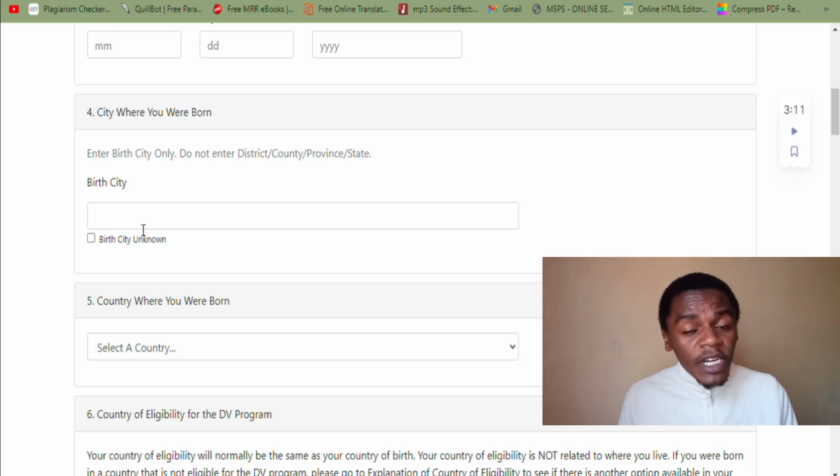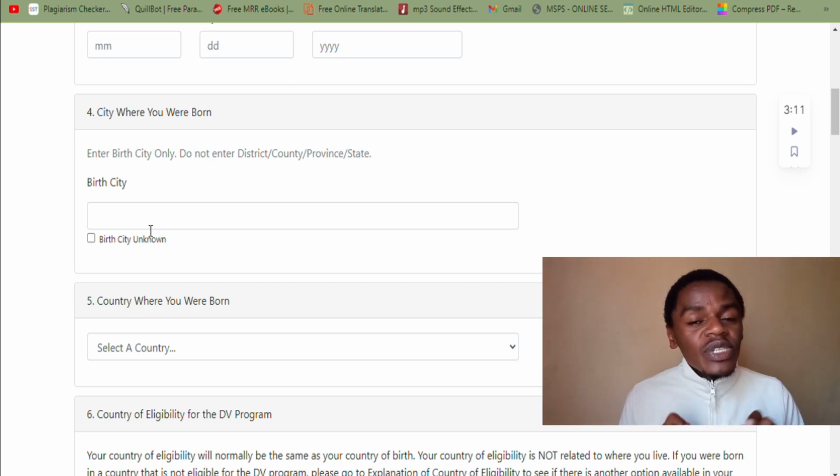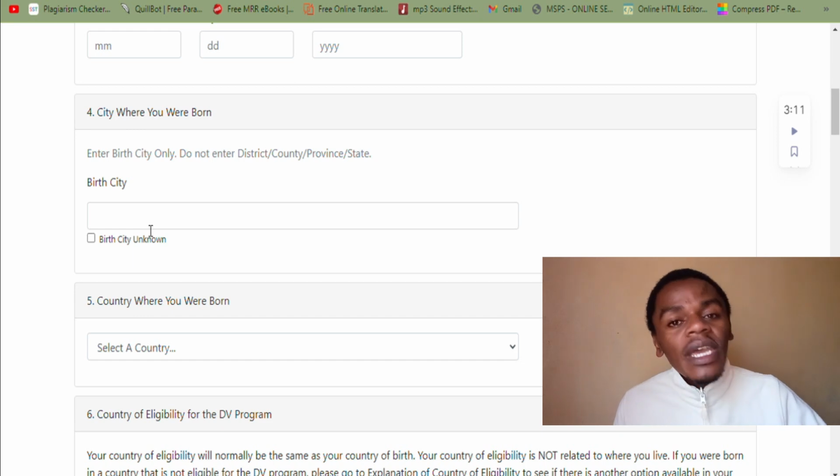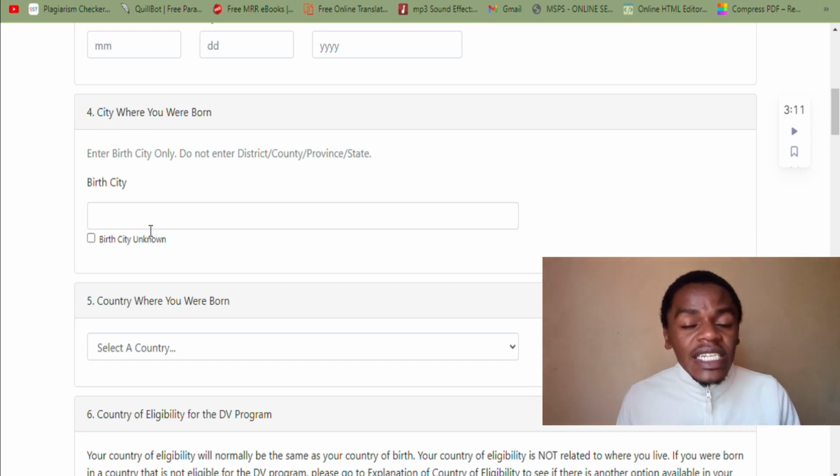Let me repeat this: the name of the town in which you were born that appears on the birth certificate, you should indicate it here as your birth city. It is not the capital city of your country. It is not the city that is next to the place where you were born. It is the exact name of the place where you were born. Consider that as the city of birth. I hope that is clear.